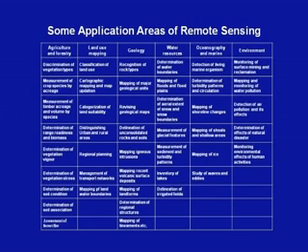In this particular slide, the broad areas of application have been shown in the areas of agriculture and forestry, land use and land use mapping, geology, water resources, oceanography and marine, and environment. This slide shows some of the common application areas of remote sensing.